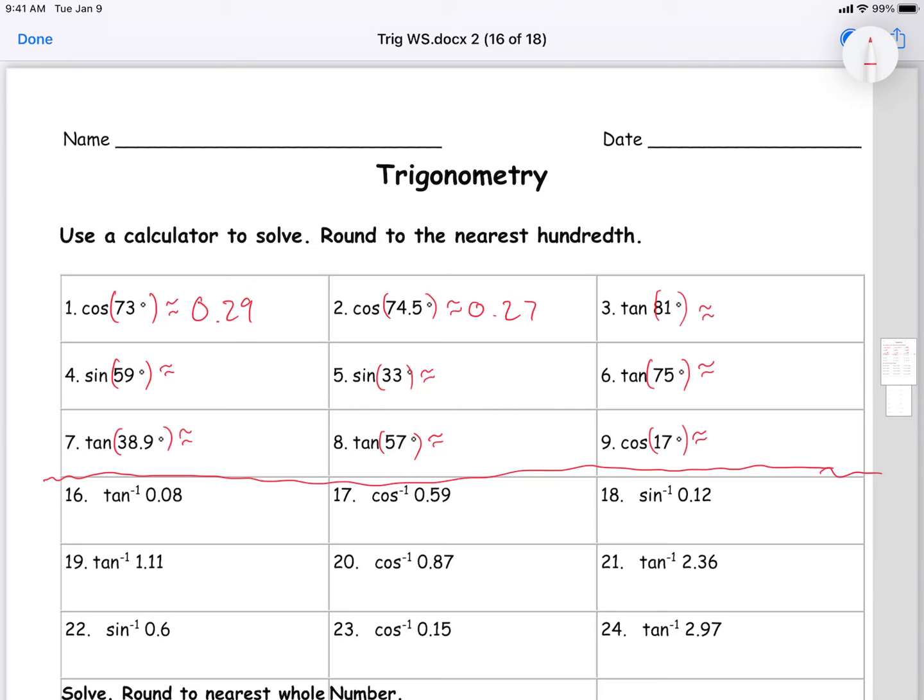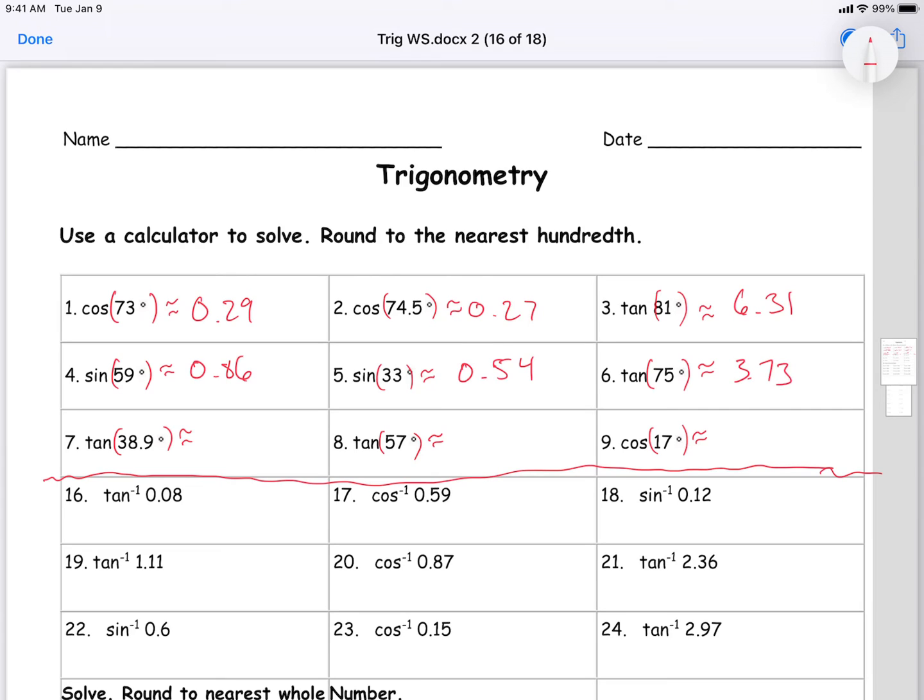What about tangent of 81 degrees? 6.31. Perfect. Sine of 59? 0.86. Yep. Sine of 33 degrees? 0.54. Perfect. Okay. Tangent of 75 degrees? 3.73.